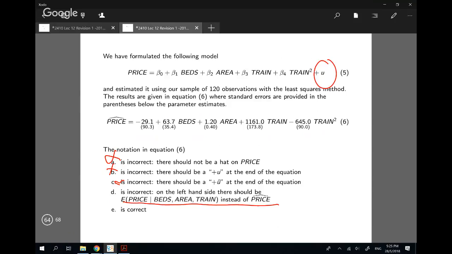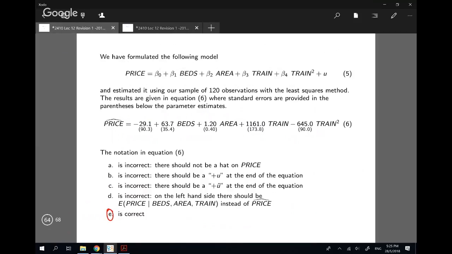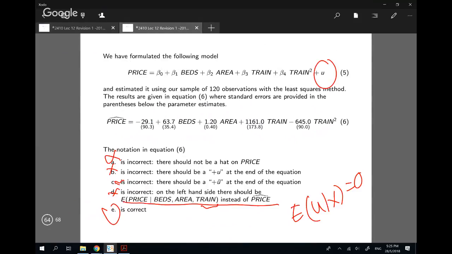If this is wrong because there's no train square, but if there is train square, then you can write that too, right? Which is why the expected value of U given X is 0. See? That's why you don't have the error at the end. That's why it's 0, because of zero conditional mean. So if you had train square, that would be correct. But in this case it's not, because you have to have train square. So it's E, right? There's no problem. That's correct. Okay.